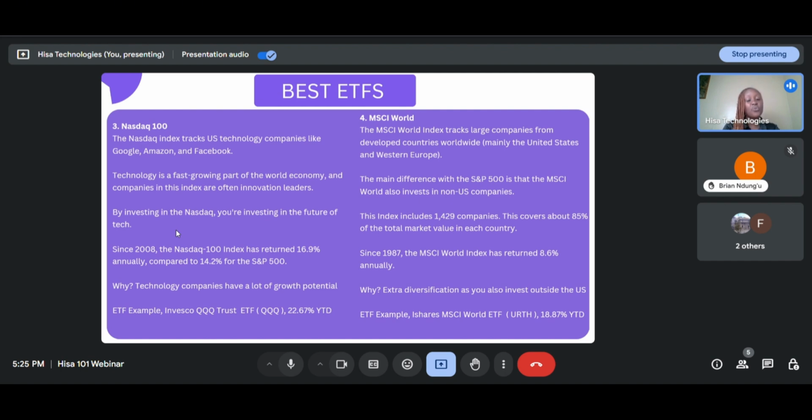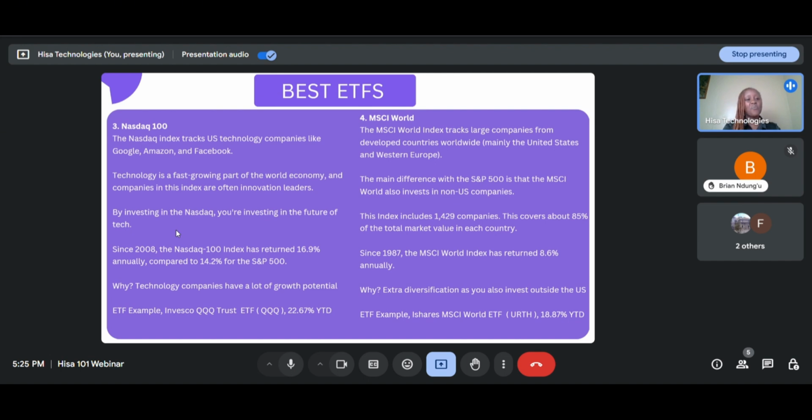So why should you consider the MSCI World Index? Well, for the extra diversification, as you can also invest outside the US. This index will give you diversification beyond the US stock market.